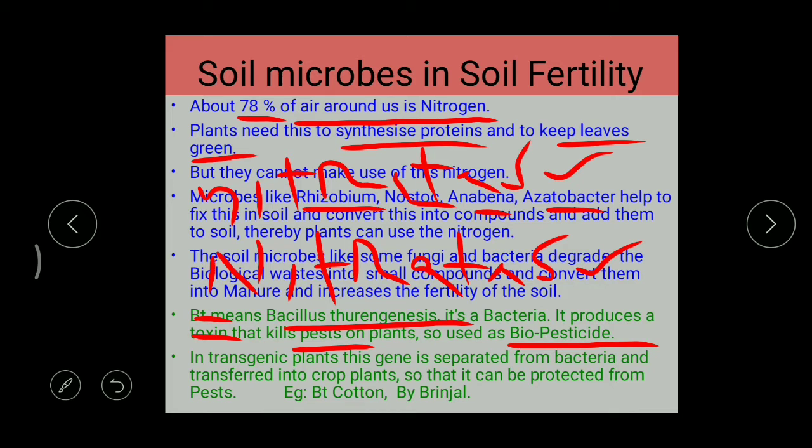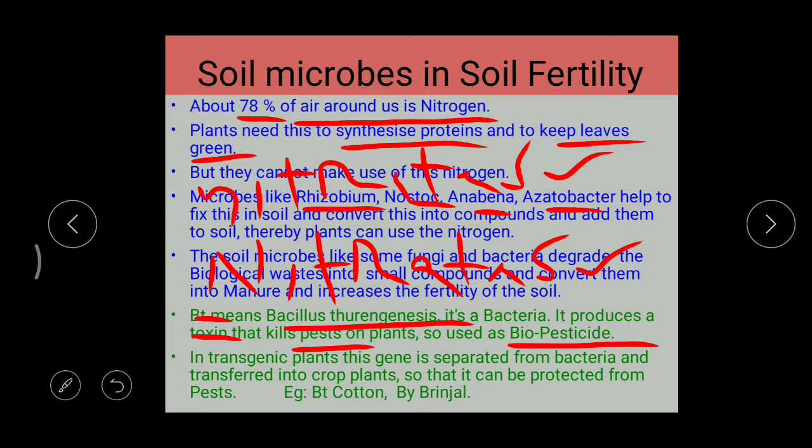Got it? So in these plants, what we do is, see, the gene which is able to prepare this poison or toxin from this bacteria Bt, that gene is separated from the bacteria and added to the plants, so that the plant is also able to produce that toxin, and so that the plant will not get any pest.